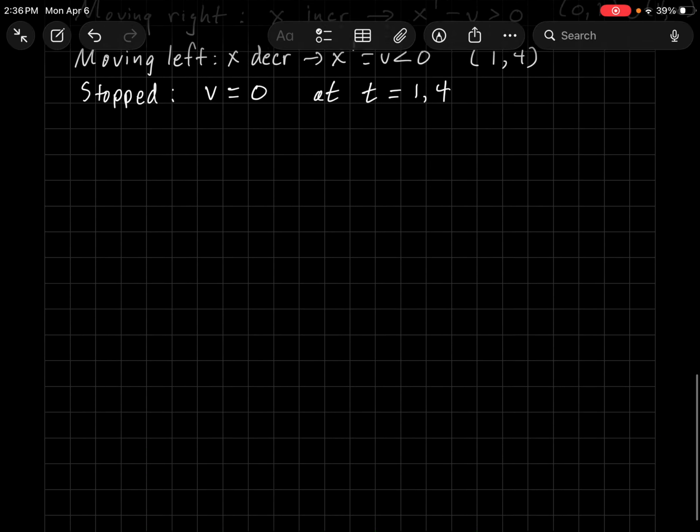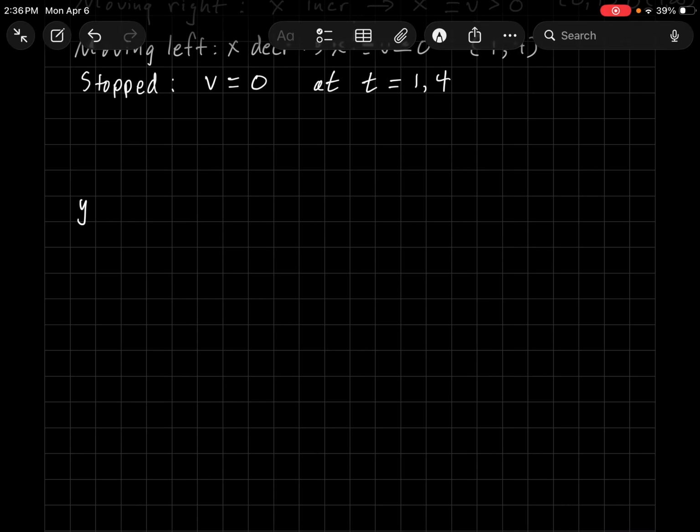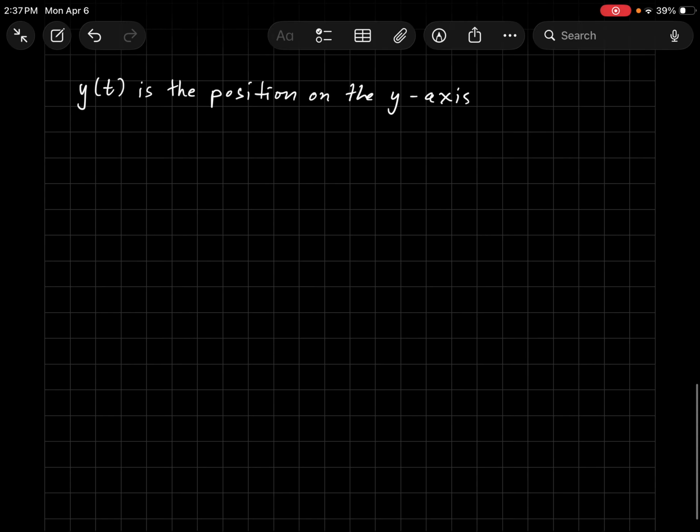Very quickly, I could have said y of t is the position on the y-axis. So instead of moving left and right, pretend we have an object that's moving up and down. So how do we know when an object is moving up? Well, let's do a similar thing. Let's say that's 0 on the y-axis, 1, 2, etc. When is something moving up?